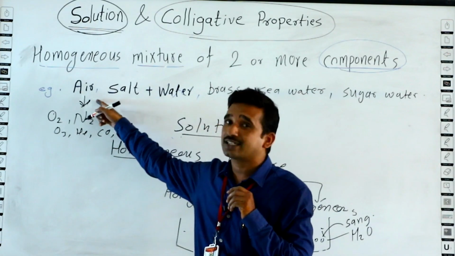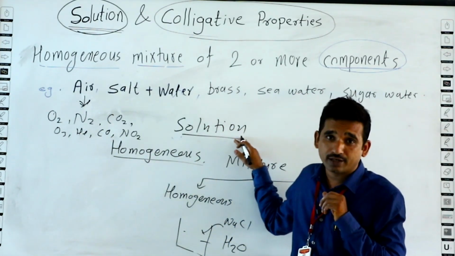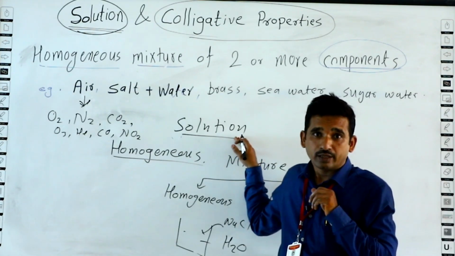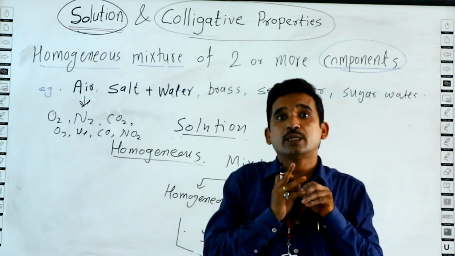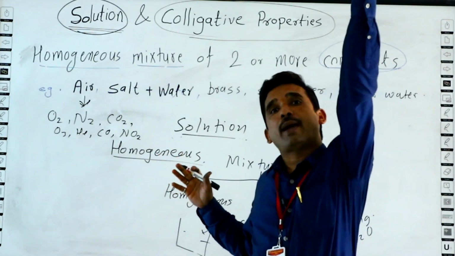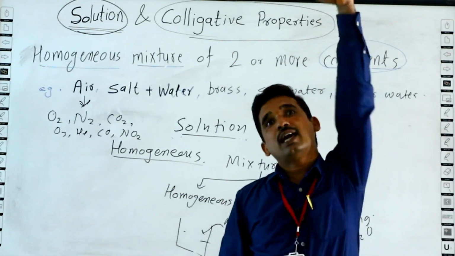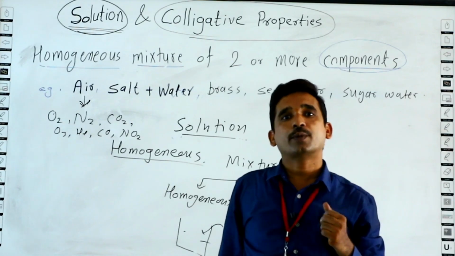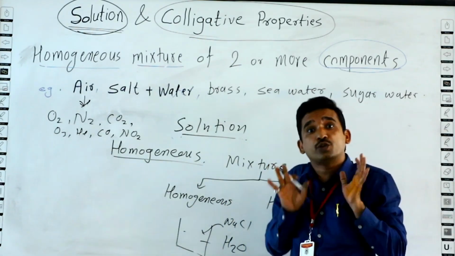So it is an example of a solution. Here in this room, it is not possible that oxygen is on the front side, carbon dioxide on the back side, nitrogen at the bottom, and carbon monoxide at the top. This is not possible because all these gases spread after diffusion.